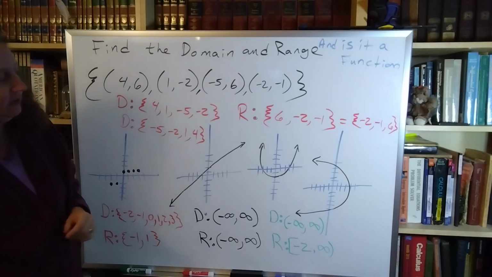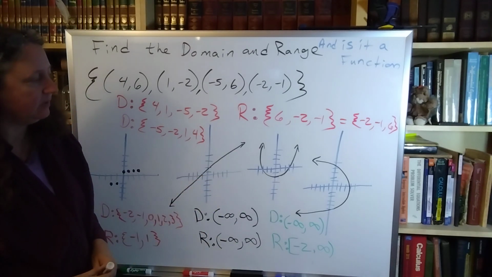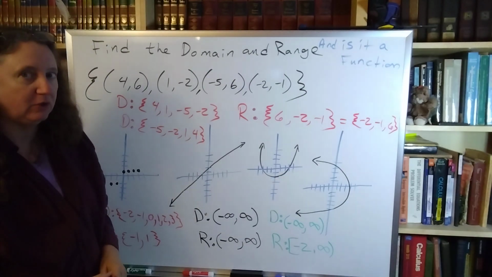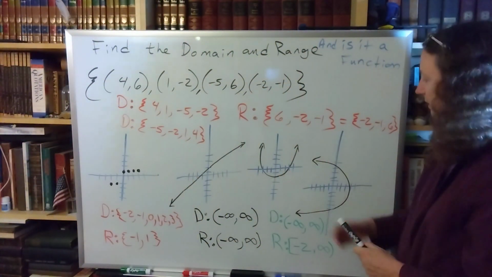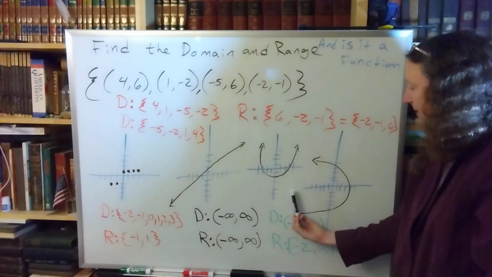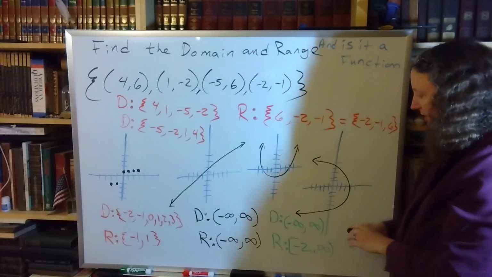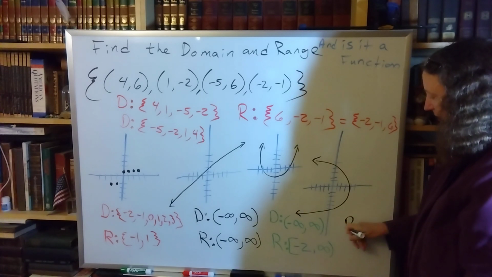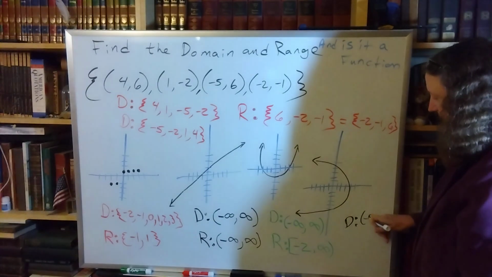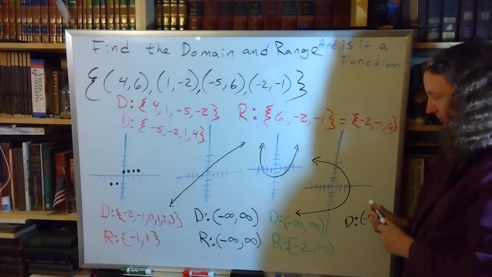Looking at my last example over there, looking at my x's, my domain, as I go from left to right, the first time I see it, it has the arrow on it. So my domain is going to be negative infinity, comma.